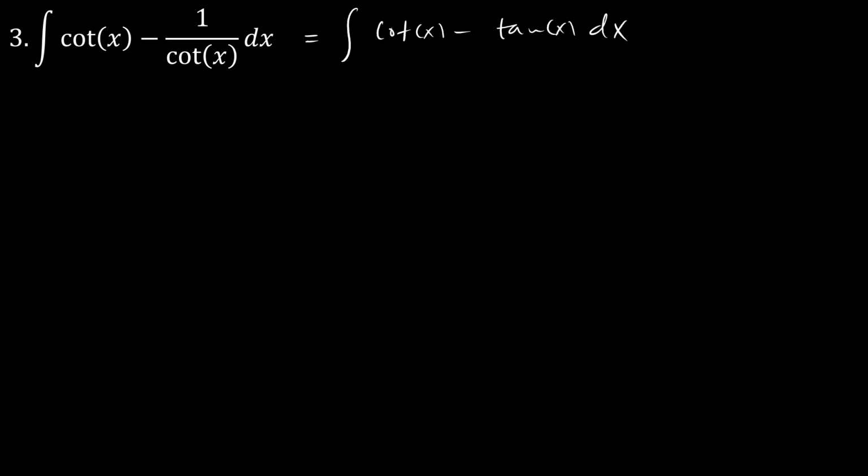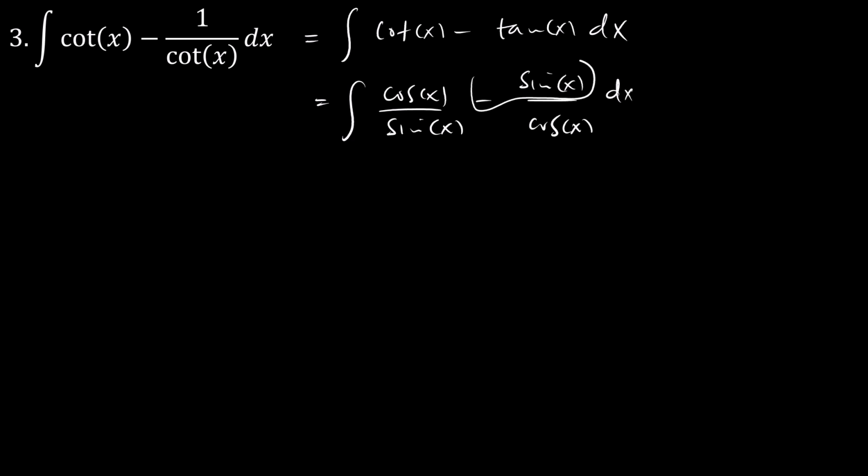We can express this as cosine of x over sine of x minus sine of x over cosine of x. Now this part here is the same as the derivative of sine of x, and this part here is the same as the derivative of cosine of x.